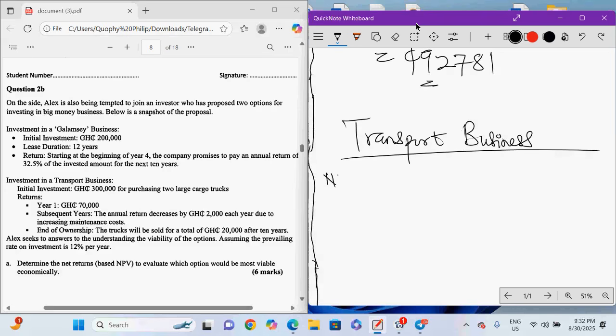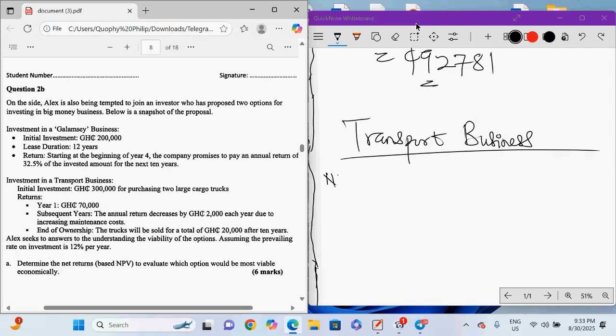Initial investment of 300,000 for purchasing 2 large cargoes. Return in year 1 is 70,000. Subsequent years, the annual return decreases by 2,000 each year due to increasing maintenance costs. Right? End of ownership. The truck should be sold for a total of 20,000 after 10 years. So that is the scrap value. That is an inflow.